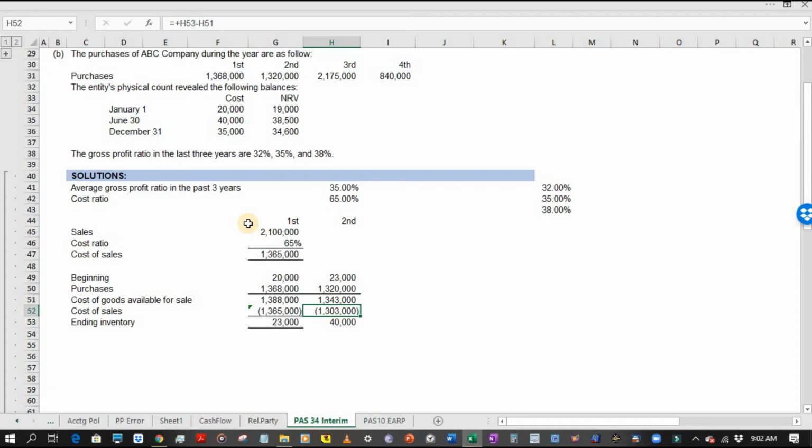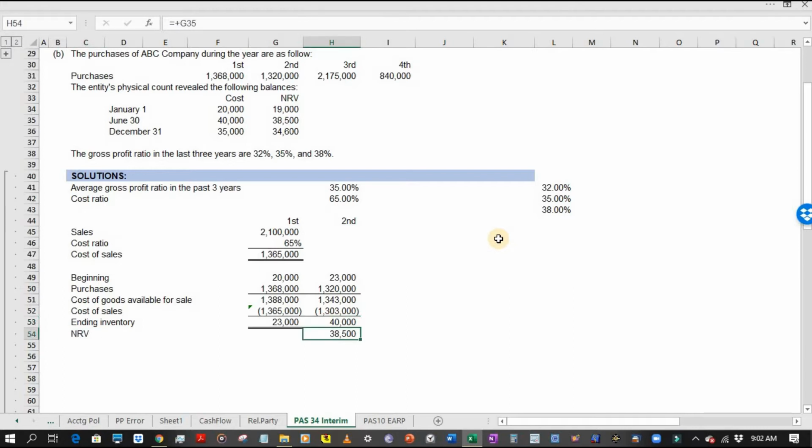That is why the amount that will appear in the income statement as well as in the statement of financial position will change. So first, let us determine how much should appear in the statement of financial position. Of course, the ending inventory as of the end of the second quarter, which is at cost, is 40,000 pesos. However, its net realizable value is 38,000 pesos.